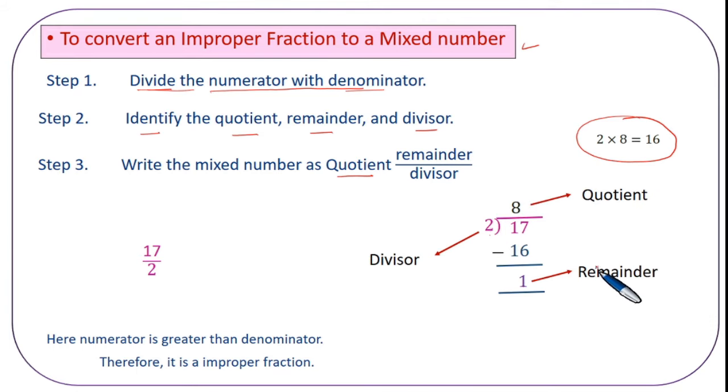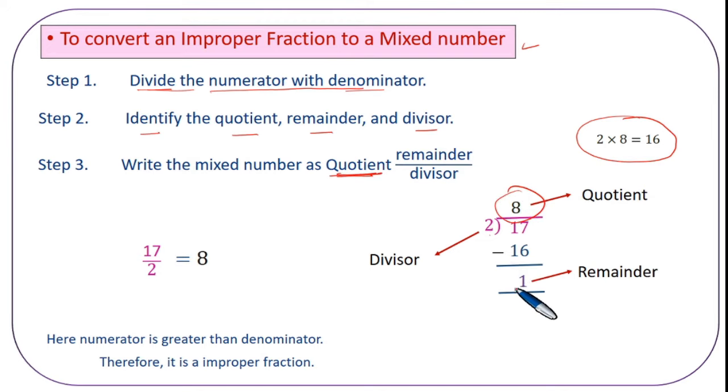I hope it's clear for you. In a fraction, the denominator is the divisor. 2 is the divisor. And the answer that you are getting, this 8, is the quotient. And the remaining one is the remainder, which is 1. So now we have to write this as quotient. First you need to write the quotient, which is 8.